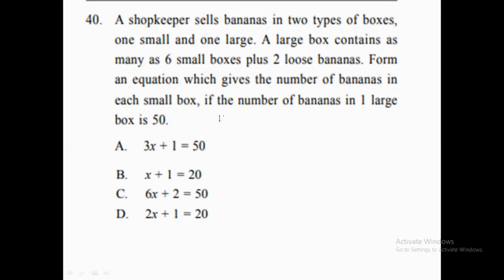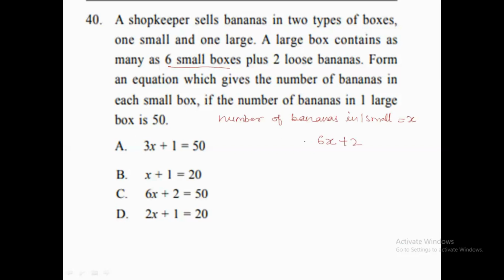So let's take the number of bananas in one small box as x. A large box is equal to 6 small boxes plus 2, so that will be 6x, because 6 small boxes are there, plus 2 loose bananas.